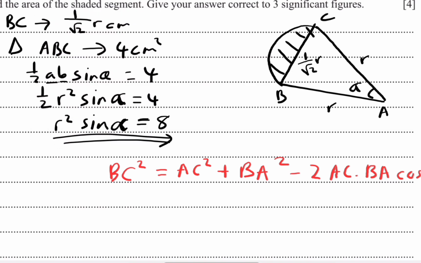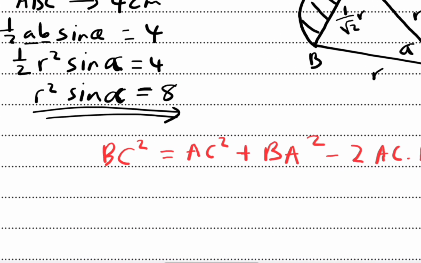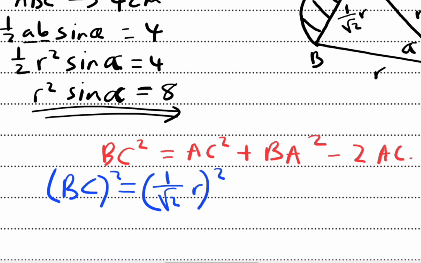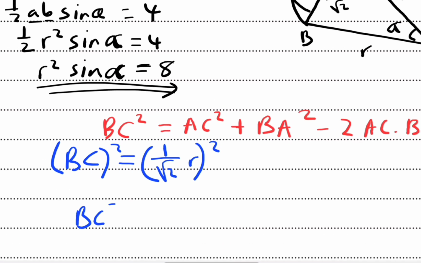And with this, we know that BC is equal to 1 over root 2r. So BC squared is just us squaring both sides. So BC squared is equal to 1 times 1, that's 1. Root 2 times root 2, that's 2. So it's 1 over 2 r squared.